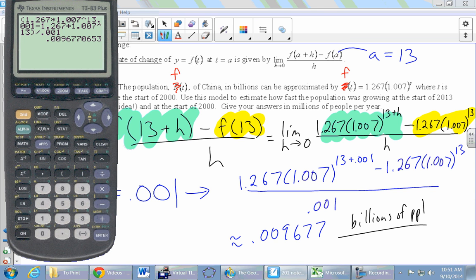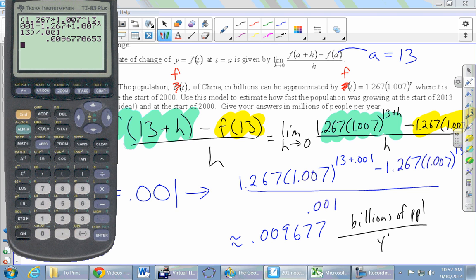So really what belonged on the bottom was 13 plus h minus 13, right? Remember we had that pattern? We just copy the stuff on top without the function. And so really the units on the bottom are the units for 13 and the units for 13 plus h. What were the units for 13? Years. So that's what goes downstairs. So the answer to this problem is 0.009 and change billions of people per year.